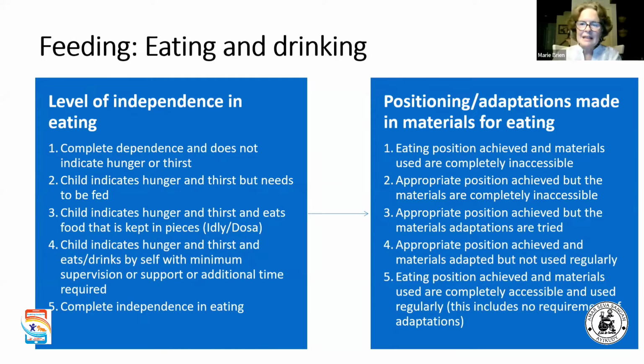So if the environment has been adapted to provide the optimal position in which the child could feed themselves if they have the abilities, we just try to see, is there anything that we can position or adapt to maximize independence?